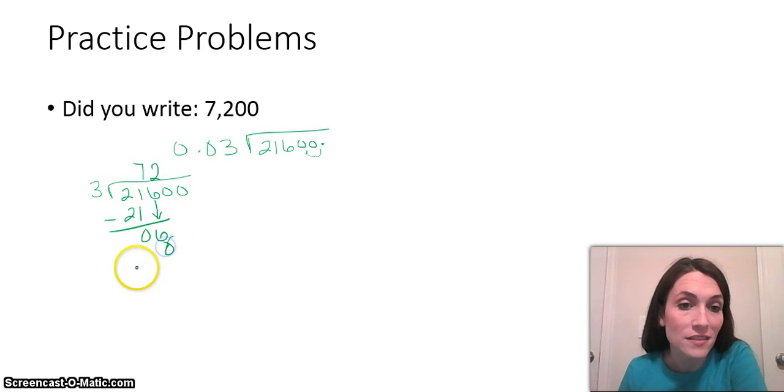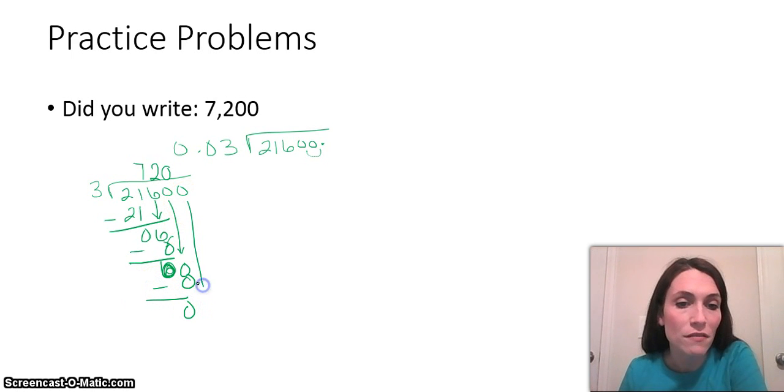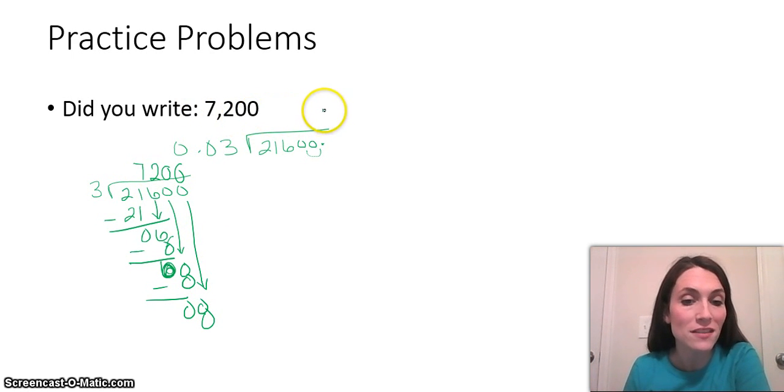I would subtract, bring down my 0. 3 will go into 0 times. Bring down that final 0. 3 will go into 0, 0 times. And that's where I got 7,200 as my answer.